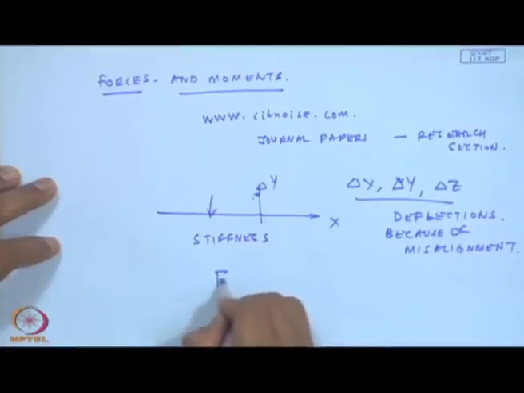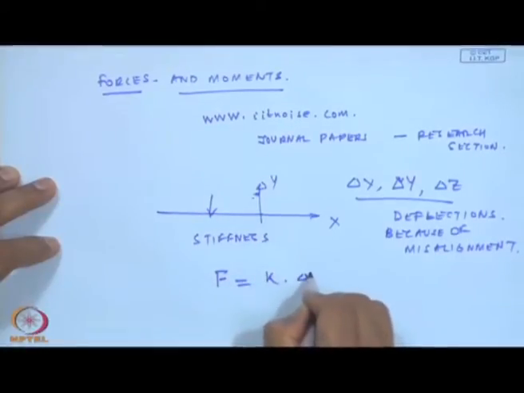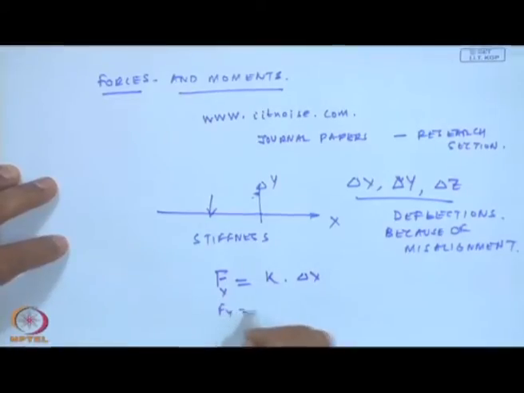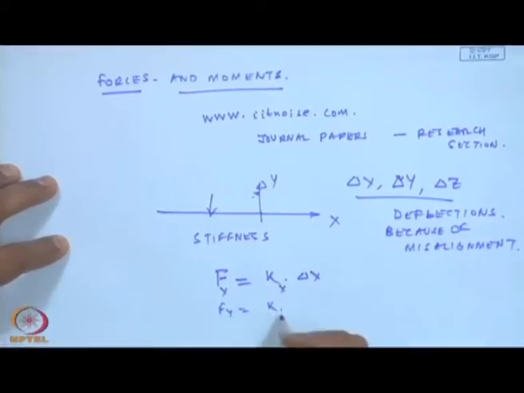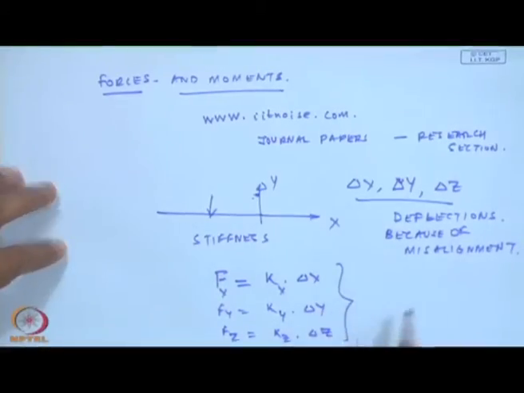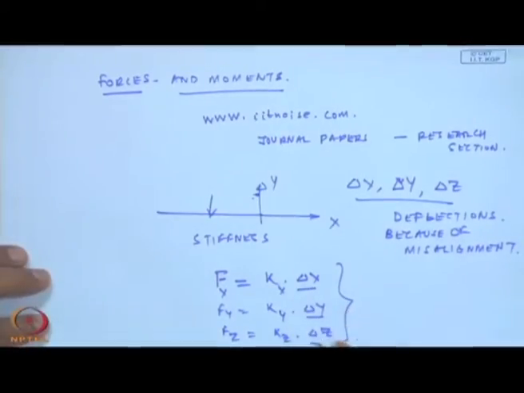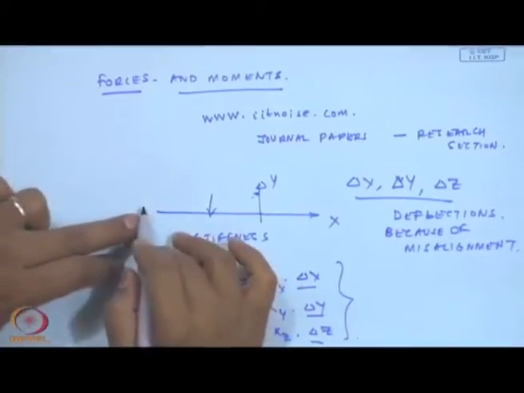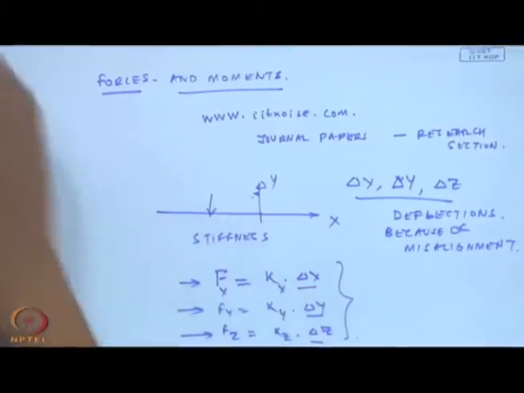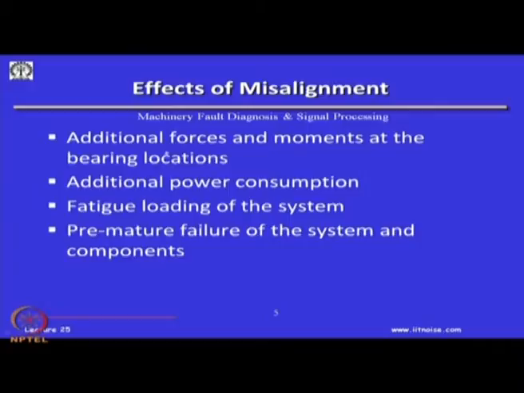So, as you know, F is equal to K times delta x; F x, F y have different stiffnesses K x, K y. The system has stiffness K x, K y, K z. So, we are going to get these additional forces F x, F y, F z, and of course, depending on the length, we will have a moment arm and this couple. So, additional forces and moments do happen at the bearing locations because of misalignment.